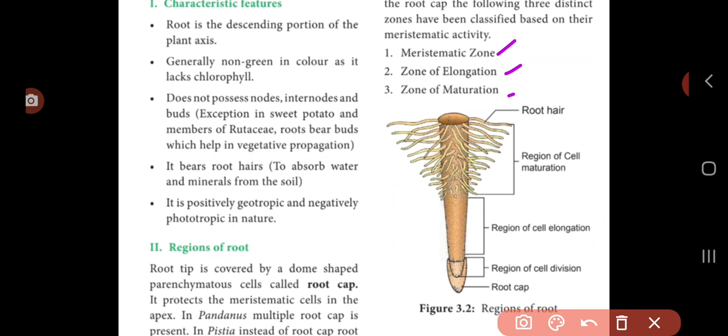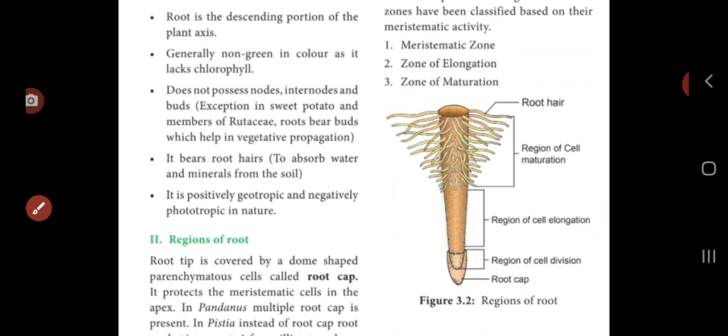So what is the first zone? Meristematic zone, this one. That is region of cell division. Next one, zone of elongation, that is region of cell elongation, and finally the third region of cell maturation. Let us see its features, position, and then types of cells and function in detail.